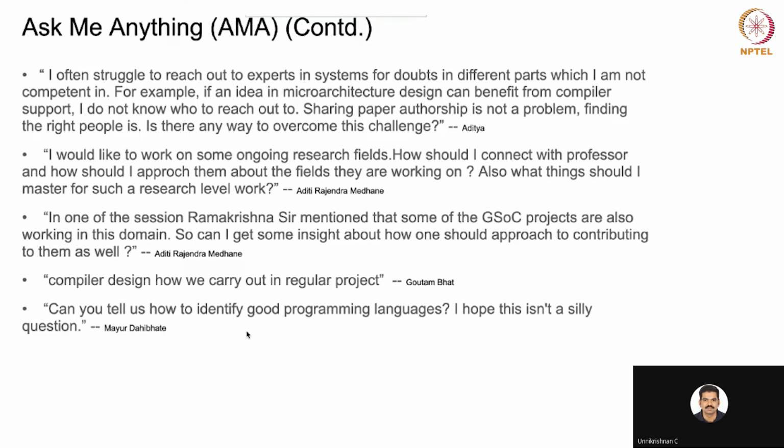Then his BTech project was presented in the LLVM performance workshop as part of CGO, and currently he is working in the NVIDIA compiler team. He was initially selected in Oracle. After this much effort, his resume became good, and he's currently working in the NVIDIA compiler team. So if you are passionate, things are possible. That's just my personal experience.